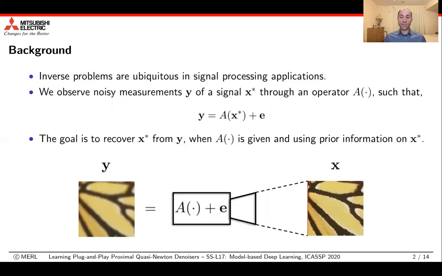And as an example, we can consider x star to be just an image, for example, and the operator A to be the camera transfer function, which also includes some blurring functionality and additional noise. So the measured image y is a blurry version of the signal x, and it also has additive noise, which is the vector e.